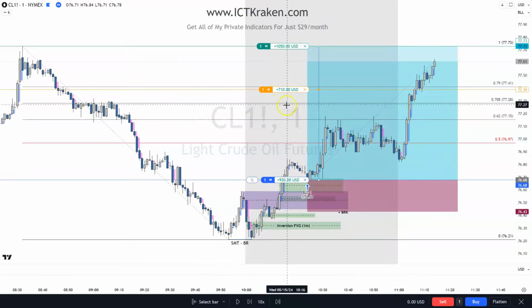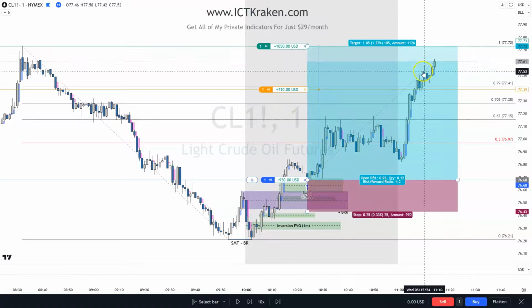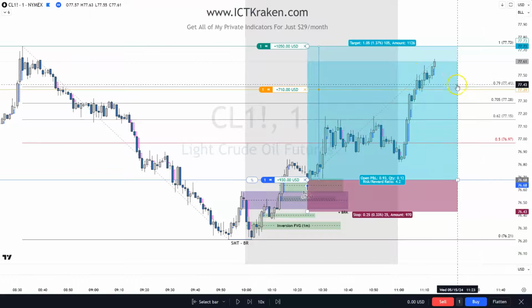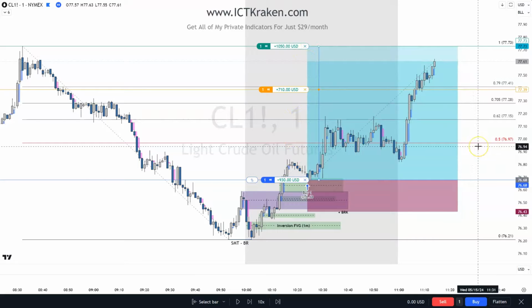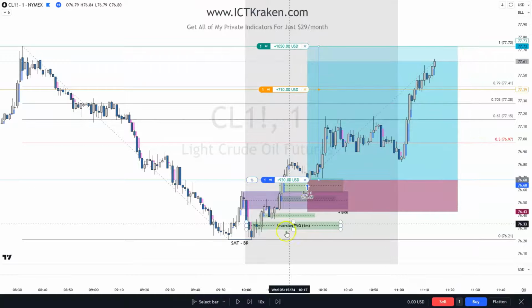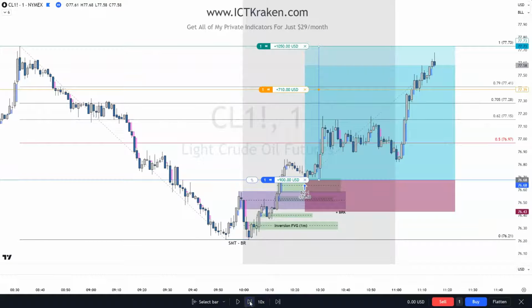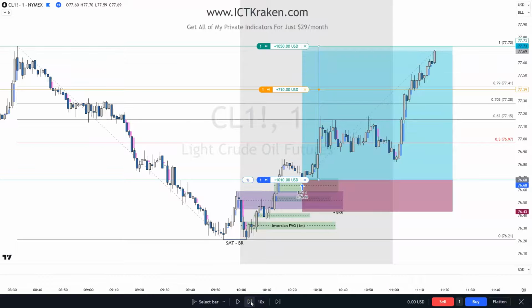Take a partial or something. This now makes it at least 2 to 1. What I'm risking, $220 to make 120. It's a little bit better. Oh, now it's even worse. Right?